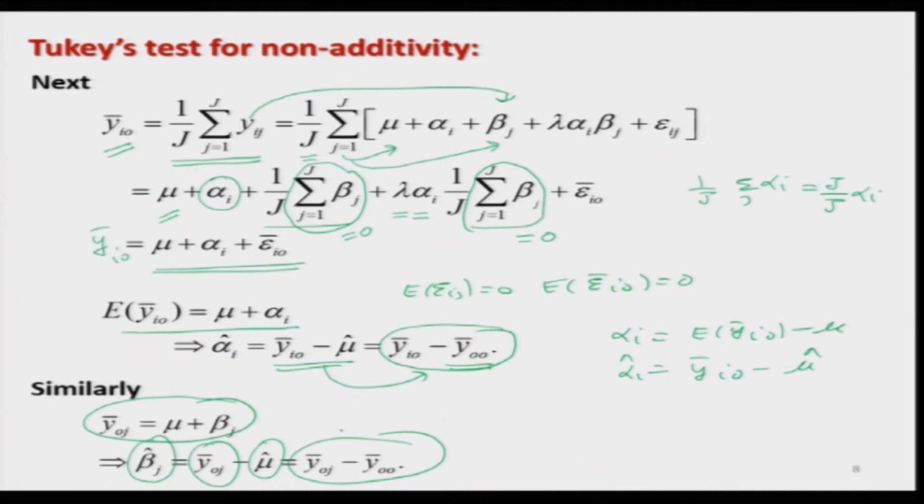So now you can see both the estimators, alpha I hat and beta j hat, come out to be the same as you had obtained earlier in the case of two-way analysis of variance without interaction. But once again I will repeat that it is very important to keep in mind that you have obtained the estimators of mu, alpha I and beta j irrespective of whether lambda is equal to 0 or not, right.